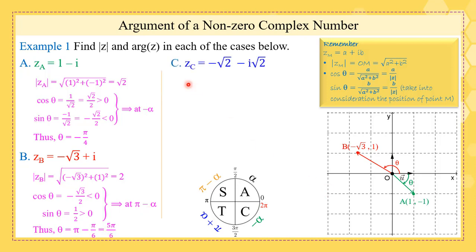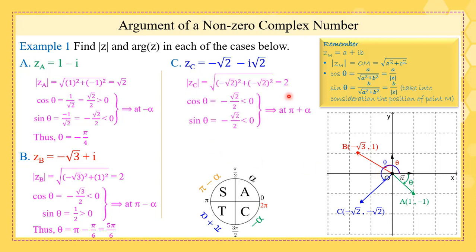This is Z_C. If we locate it, we get negative radical 2, negative radical 2, which is in the third quadrant graphically. Now, this would be theta in blue. If we find the modulus of Z, it will be 2, cosine and sine. The cosine is negative, the sine is negative. This verifies that the quadrant is the third quadrant, which means that we need pi plus alpha.